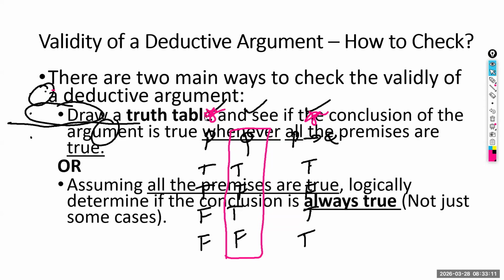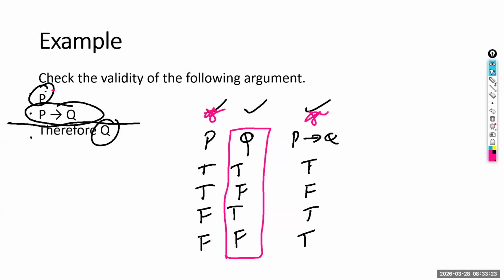So now, how do you check whether it's valid or not? Draw truth table now we have done and see if the conclusion of the argument is true whenever all the premises are true. Whenever all the premises are true, the conclusion must be true. Right. So all the premises true. You can see this scenario. Both premises are true. Remember, these are the two premises.